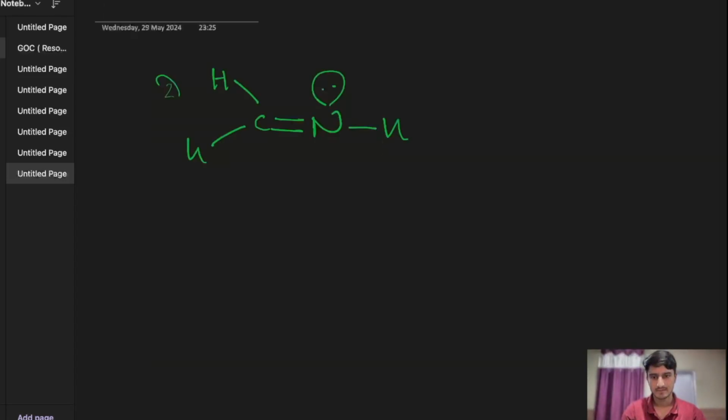Let us take another example. You tell me whether resonance is possible in this molecule or not. To predict this, we have to first draw its molecular picture. Then we will be able to find whether resonance is possible or not. So let us have a look.